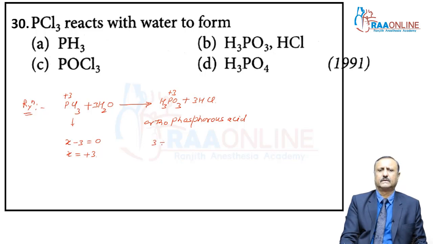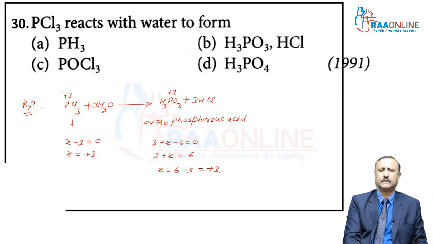Here 3 plus x minus 6 is equal to 0. So, 3 plus x equals 6, and x is equal to 6 minus 3, that is +3. So, my dear students, you get the +3 oxidation state. It means when a +3 oxidation state reactant is present, then the product is also obtained with +3. This is the important point, and this is a trick.